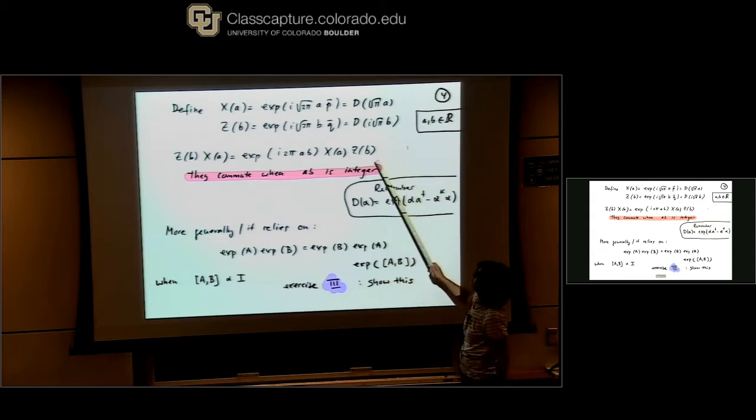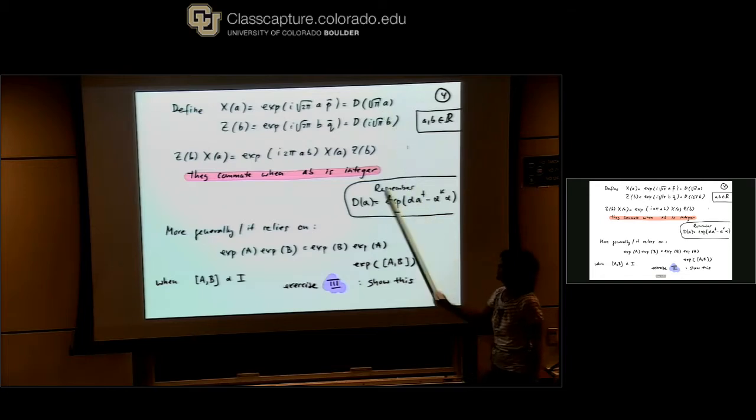So we've talked about displacements before. For a single oscillator, like the Paulis are a basis for one qubit, displacements are an error basis for a single oscillator. And so there's displacement in the P and in the Q direction.